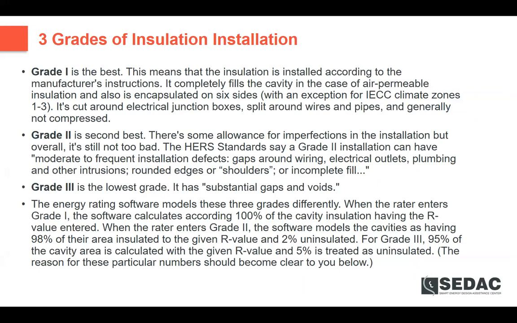Grade 2 is perhaps a B or a C, where there are some defects, but it's reasonably well done. There can be some moderate installation defects, and then grade 3 is obviously the worst, with substantial gaps and voids.